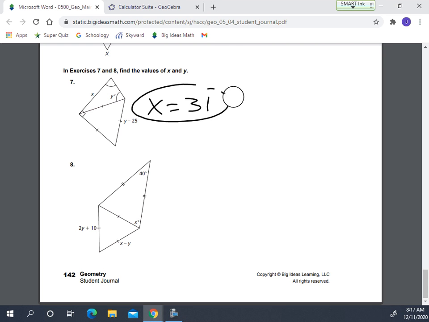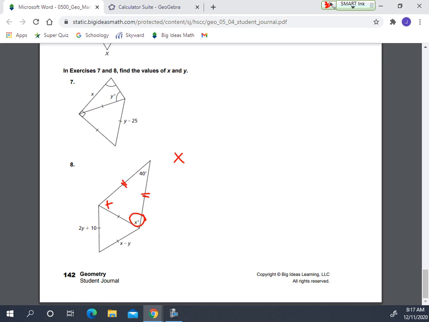In exercises 7 and 8, find the values of x and y. I'm actually going to start with number 8 here, and I'll explain why. Number 8, take what we know. Well, we know that these two sides are congruent. And if this is x, then this has to be x. Alright?